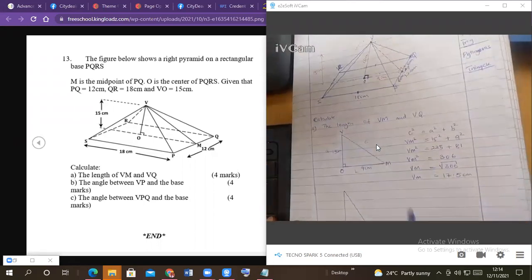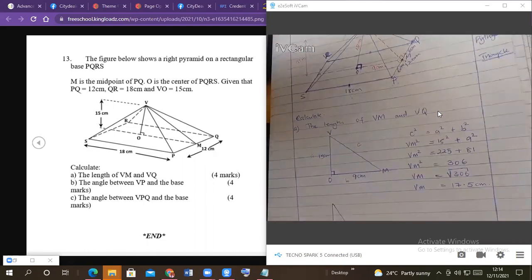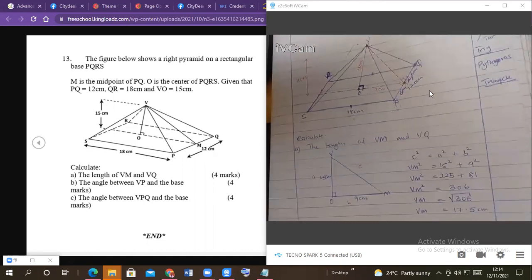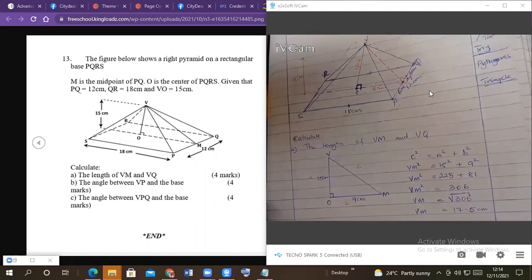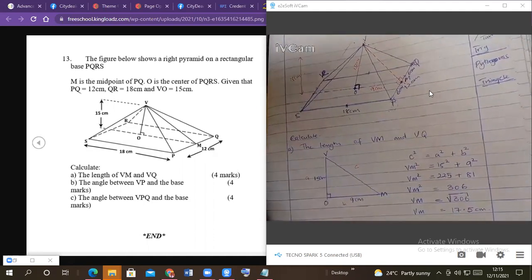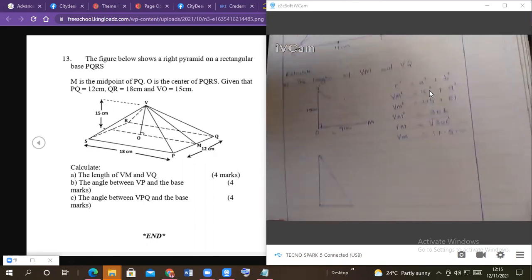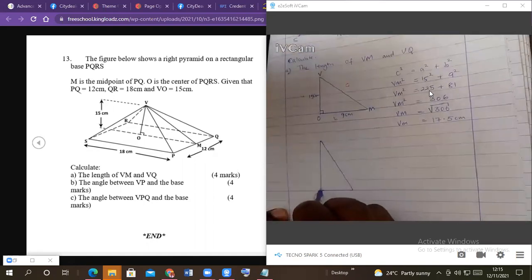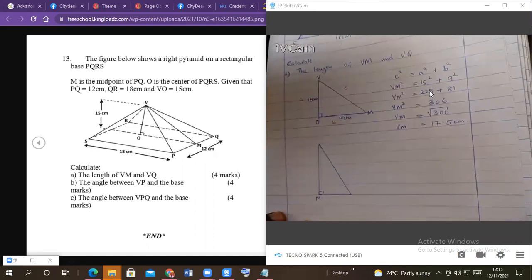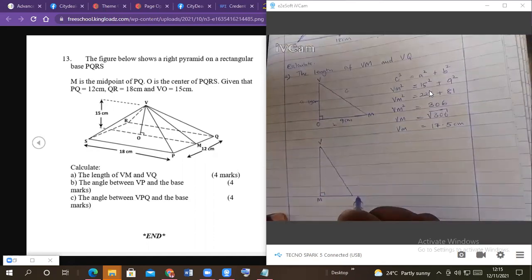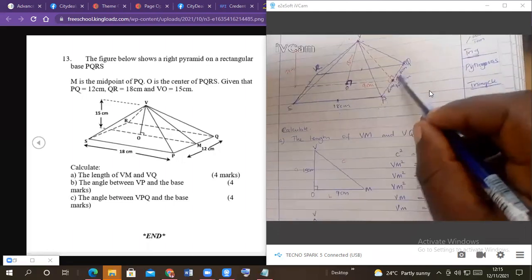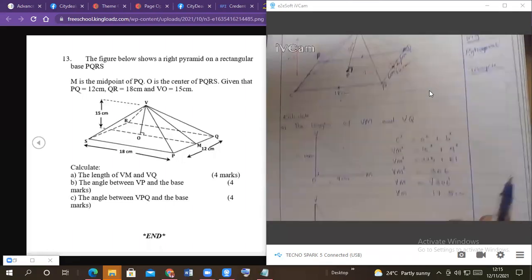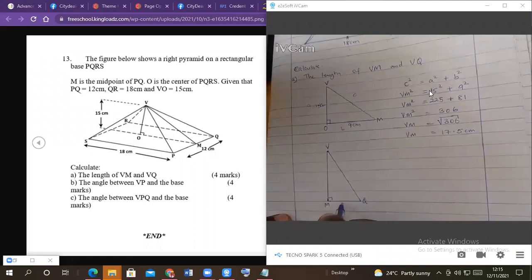It is at point M. So I'm going to put 90 degrees at point M. Here I'm putting M, this is V and this one is Q, like that. So MQ is 6, I'll write MQ is 6 centimeters.